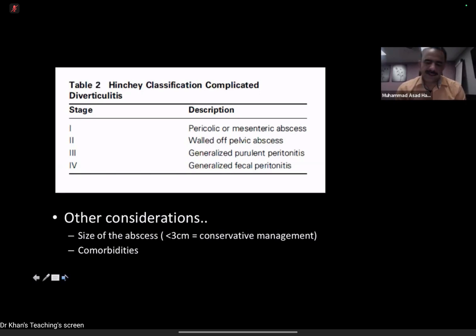The other consideration is the size of the collection. If it is less than 3 centimeters, it may not need drainage. It may just need some antibiotic cover, and it's likely to get better with conservative management. Also, the patient's comorbidity is a factor. It is a stage 3, basically generalized purulent peritonitis has happened.